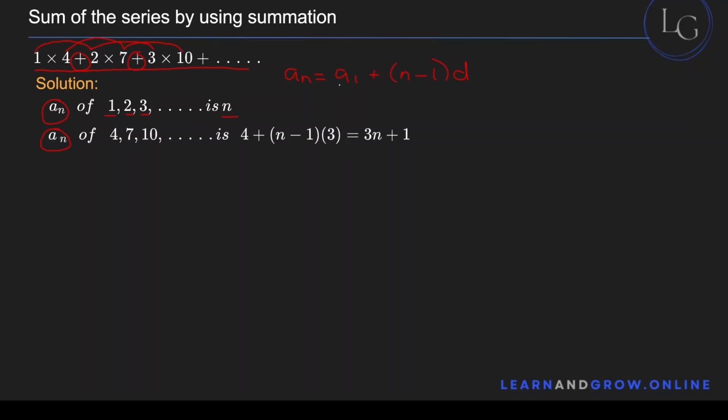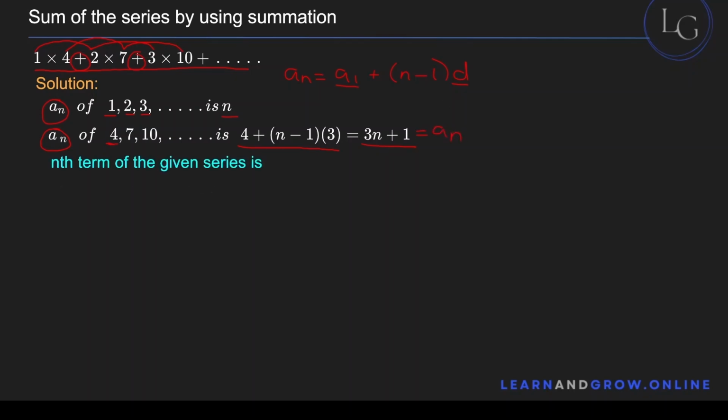And in this particular case, a1 is 4, the first term of this sequence, and n is a constant here because we have to find an expression for n over here. So n will remain n, and d, the common difference, is 3. So that is what this comes out to be, 4 plus n minus 1 into 3. And in the end, this comes out to be 3n plus 1. So 3n plus 1 is equal to an.